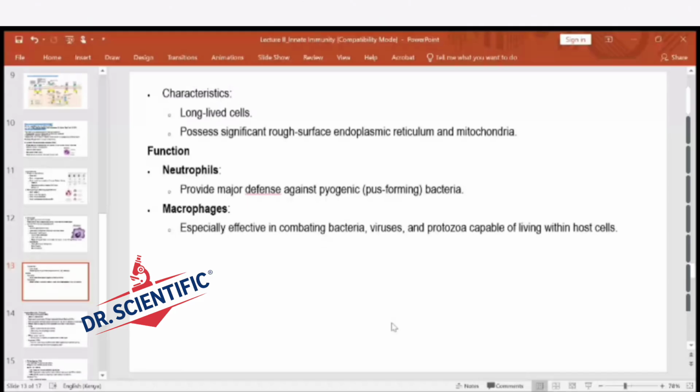But again, we'll find protozoa are large enough that macrophages are likely to phagocytose them. If they don't phagocytose, they usually form what we call a granuloma around it, especially in terms of worms and tuberculosis. A third of the world's population has TB.